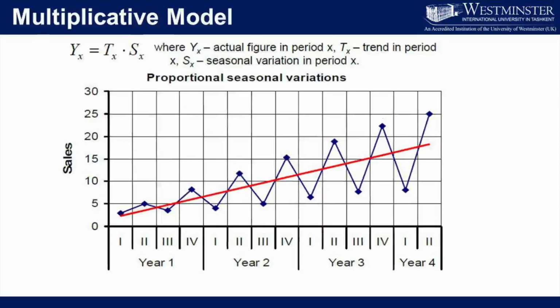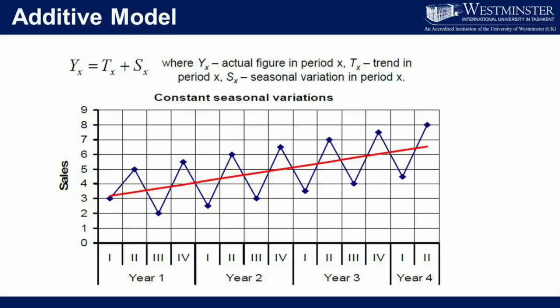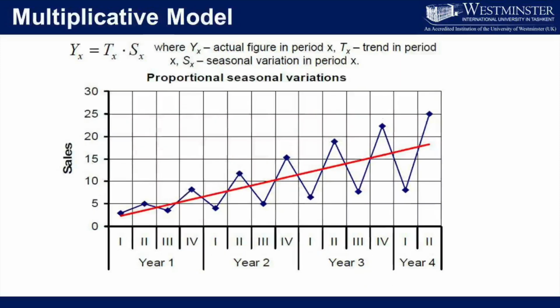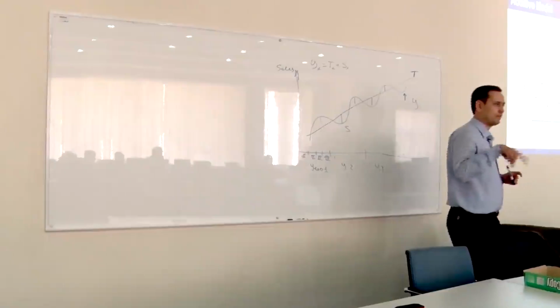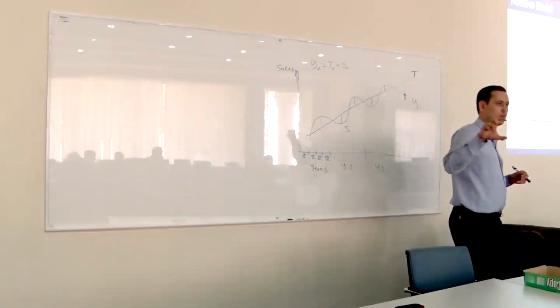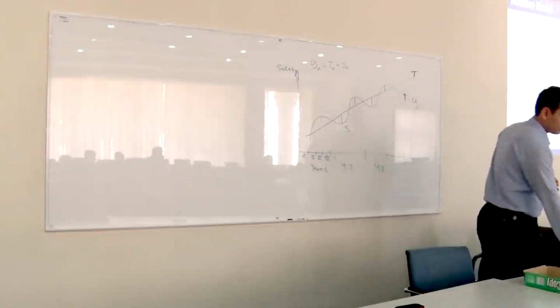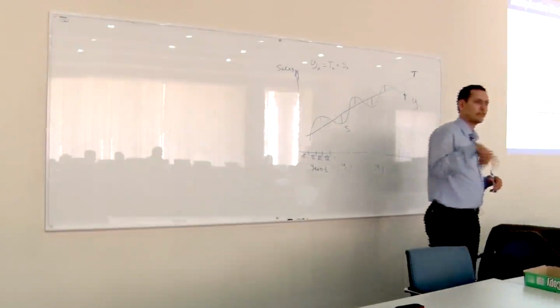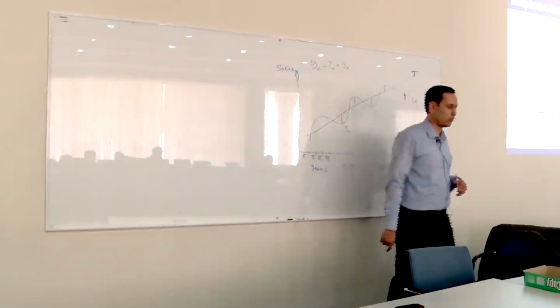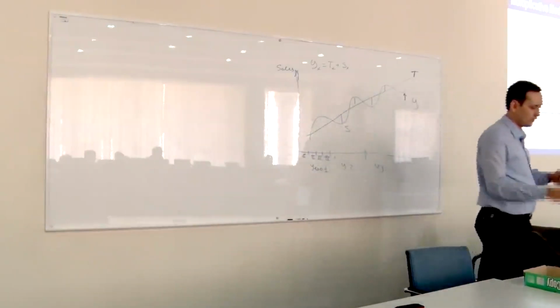Over time, the variation starts to increase. The amplitude or the variation starts to increase in the multiplicative model, right? But in the additive model, it's the same. It's very stable. The variation is very stable, but it still keeps fluctuating. But in this one, the fluctuation is actually increasing. It's going up and down, but the amplitude is increasing.